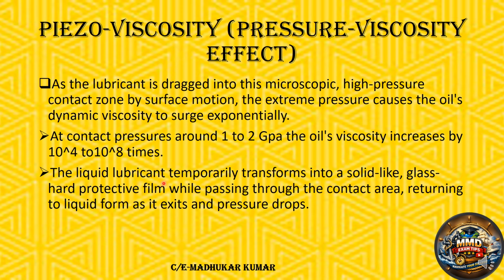The liquid lubricant temporarily transforms into a solid-like, glass-hard protective film while passing through the contact area. This happens only while the lube oil passes through the contact area, and it returns to the liquid form as it exits and the pressure drops. So at that line contact or point contact, this transformation happens in the lube oil, and this is going to take the high pressure and high loads.